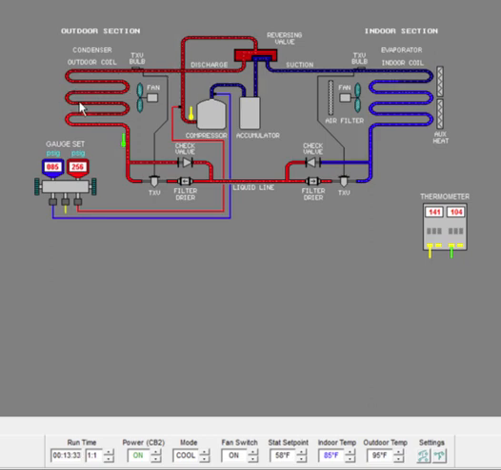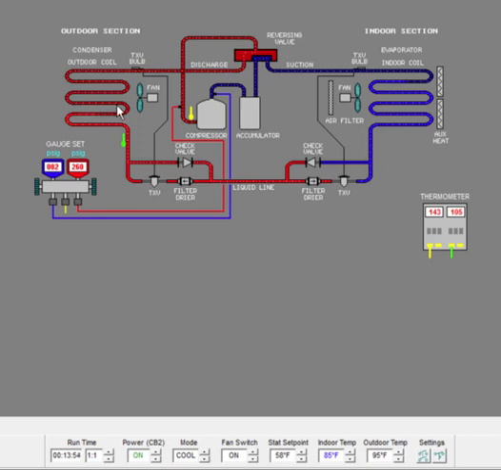And in the first couple passes of the coil, all we're doing is what's called de-superheating. We're rejecting sensible heat, that's heat you can measure, to the outdoor air. My condensing temperature always has to be higher than the outdoor air temperature or the ambient air temperature.